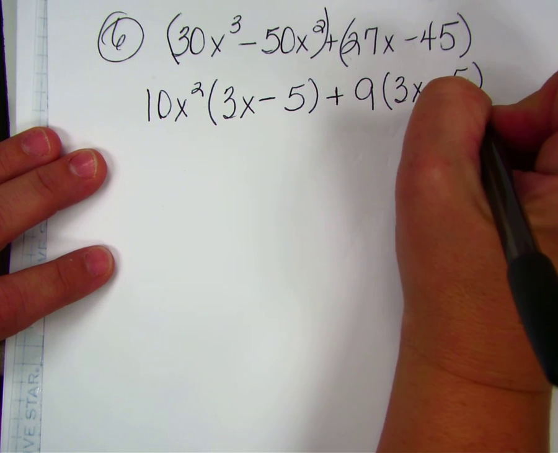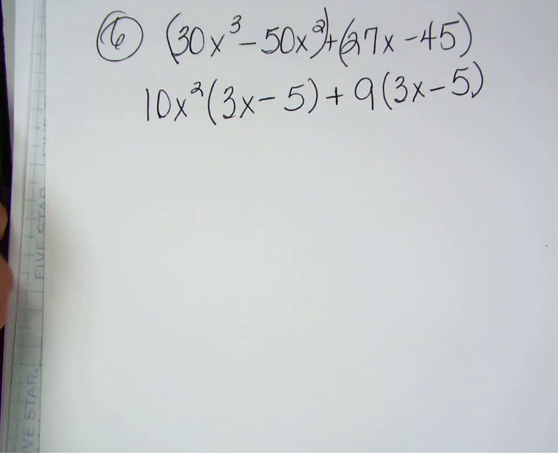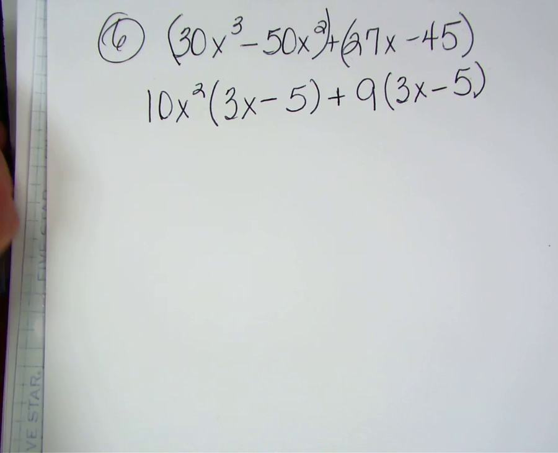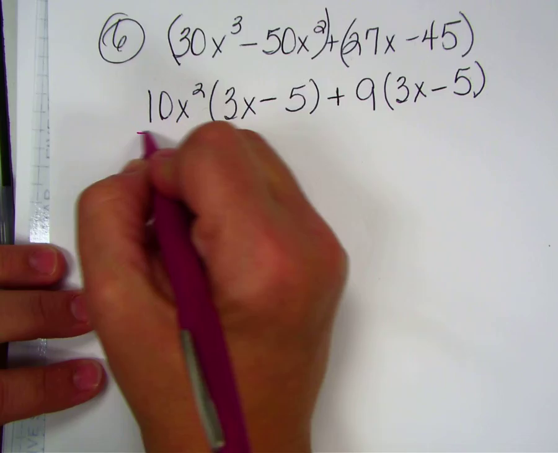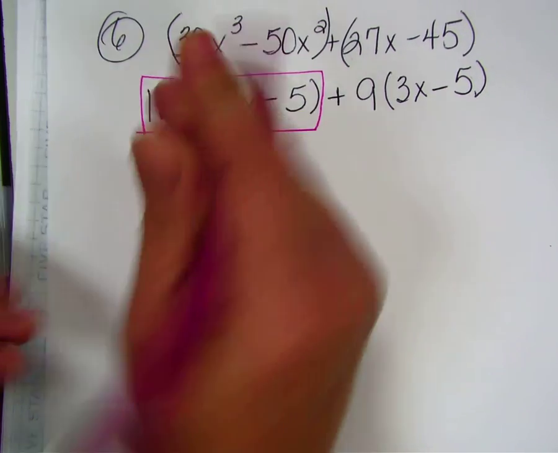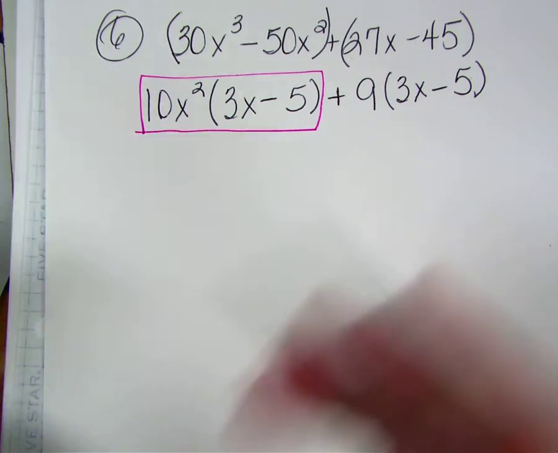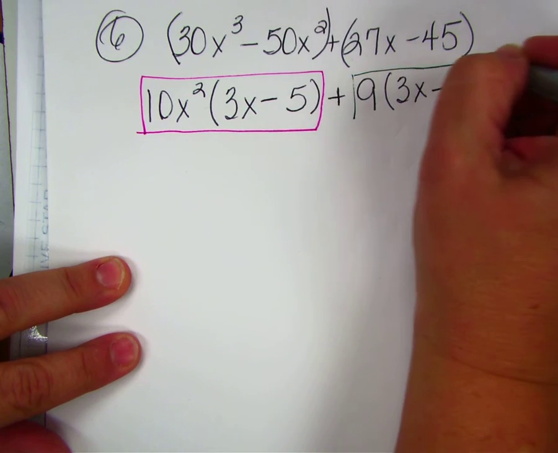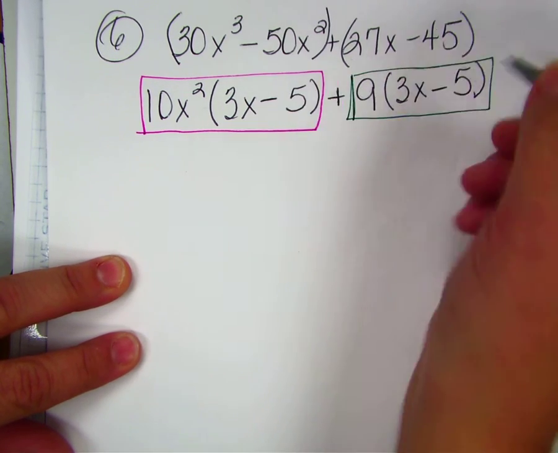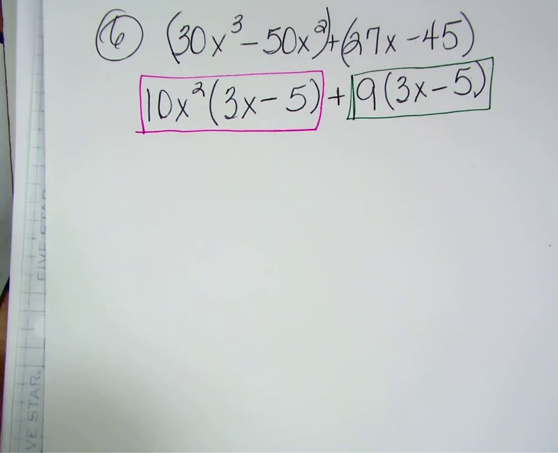Okay, now this is where it gets kind of weird. I have 2 terms here. I know it doesn't look like it, but this is one term. This is the other term. And they're being separated by this plus sign. Now what do those 2 terms have in common?